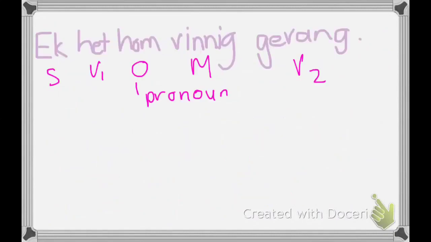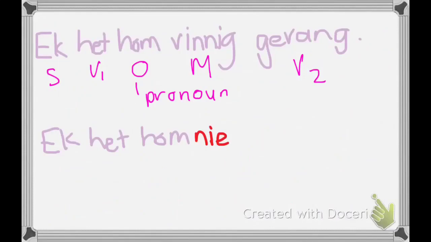I wanted to show you a little bit more of a complicated example. "Ek het hom vinnig gevang." I caught him quickly. Okay, so what we're going to do is start with the normal Stompie rules, so it's just the subject, then the verb 1. Then remember this has a pronoun, so we only put the nie after the pronoun. So that's subject, verb 1, object.